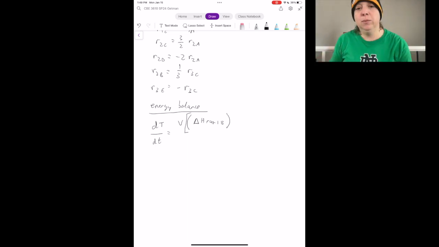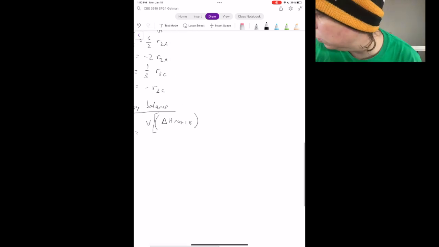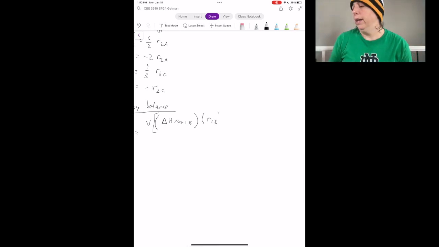Then, because I'm writing the heat of reaction in terms of species B, I also want to write the relative rate of species B for reaction 1, so that's going to be R1B. And here I have a choice on how to make the sign. I'm either going to make both of these positive or both of them negative.